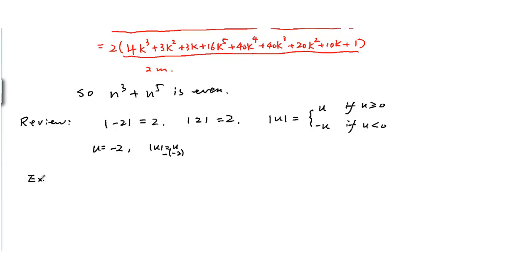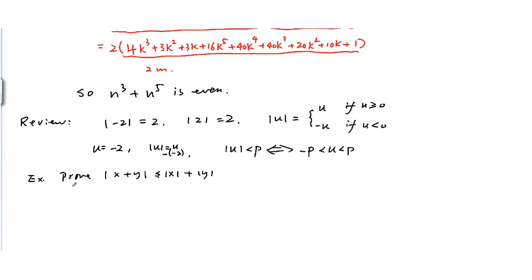So this is about the absolute value. And for absolute value, we have this absolute value inequality: absolute value of x plus y is less than or equal to absolute value of x plus absolute value of y. Another thing we need to review is that absolute value of u is less than p is equivalent to u is less than p and greater than negative p.